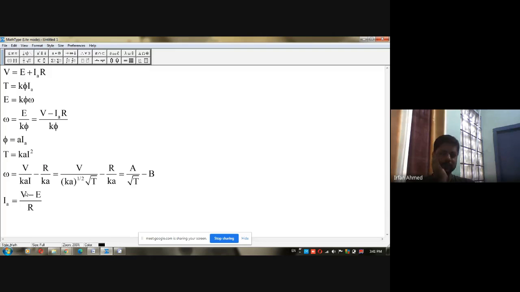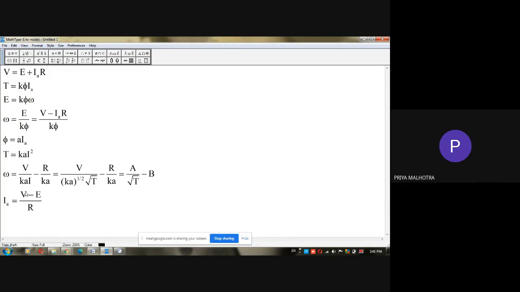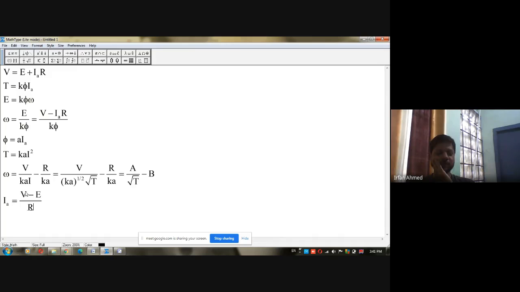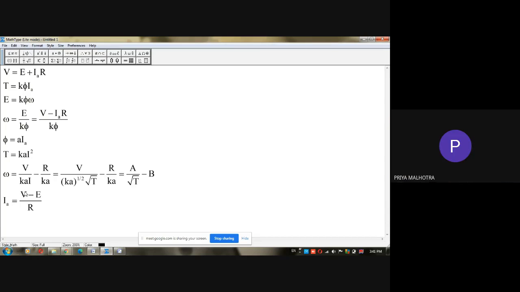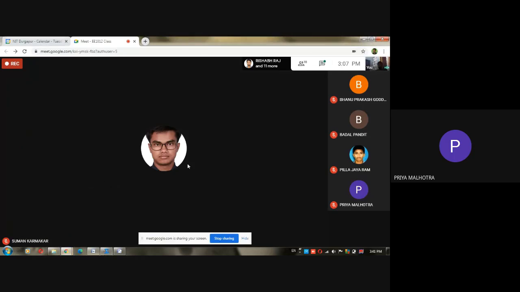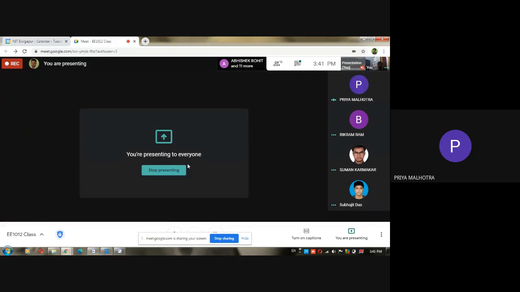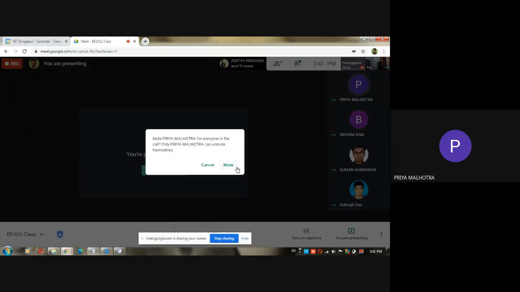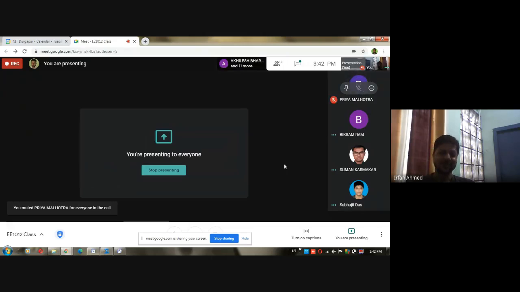You simply remove the supply and connect the rheostat there. Yes or no?